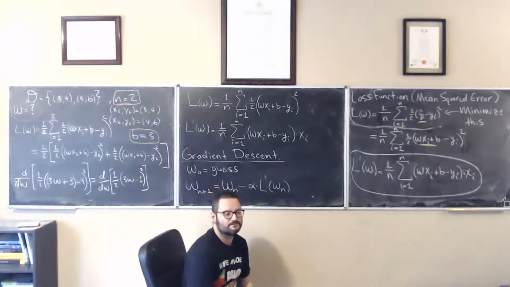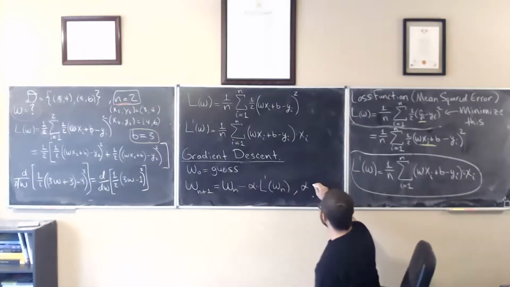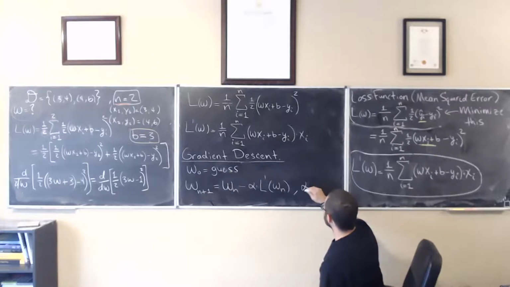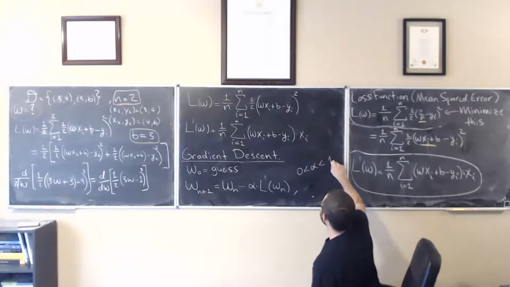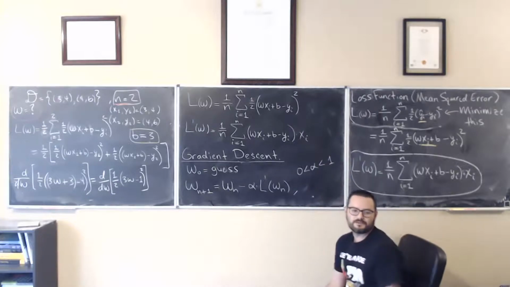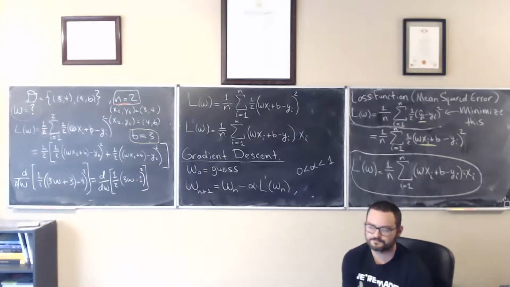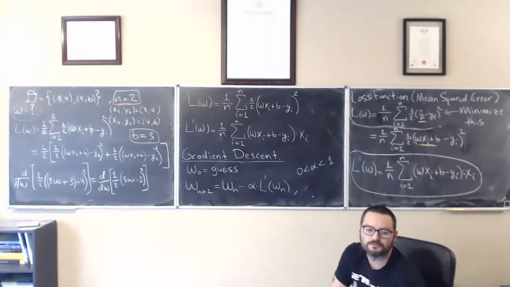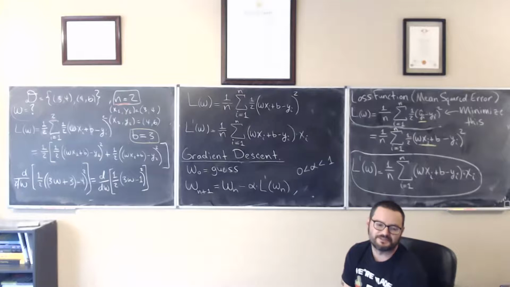That's gradient descent. And here, alpha is between 0 and 1. The step length is in that interval. So far, so good. That's from last time. We did that one by hand, actually.